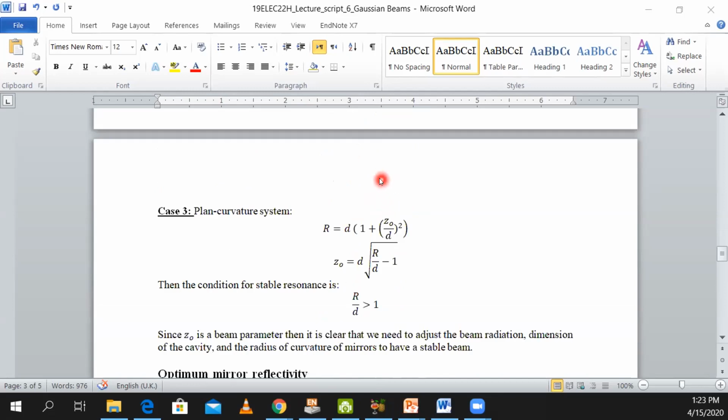So this is another system, when you put the origin at one mirror. Now let me return to my whiteboard. This system is one of the more advanced systems.